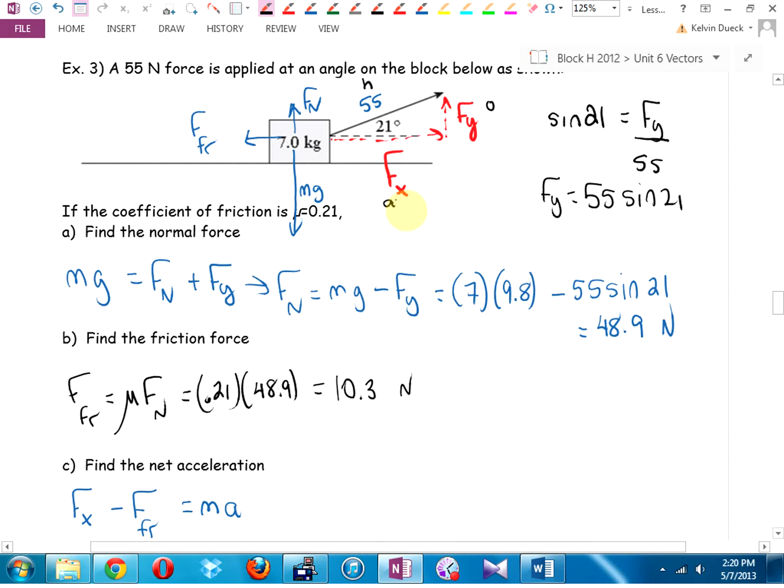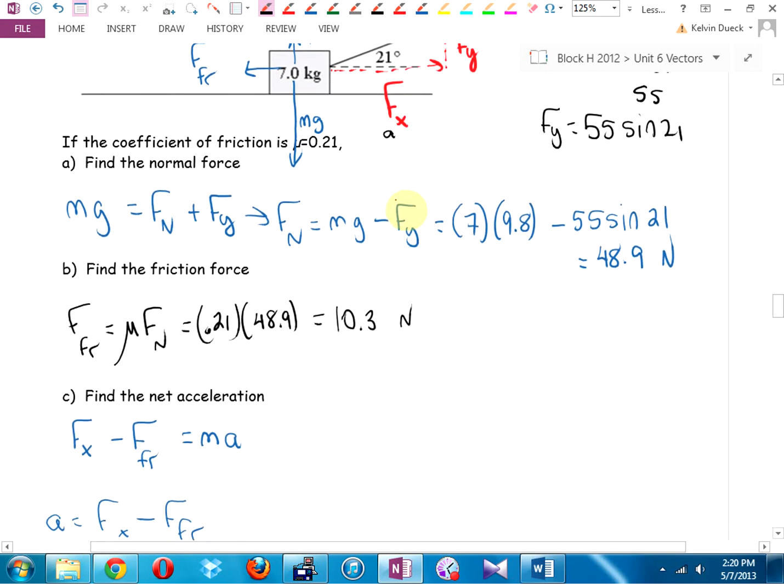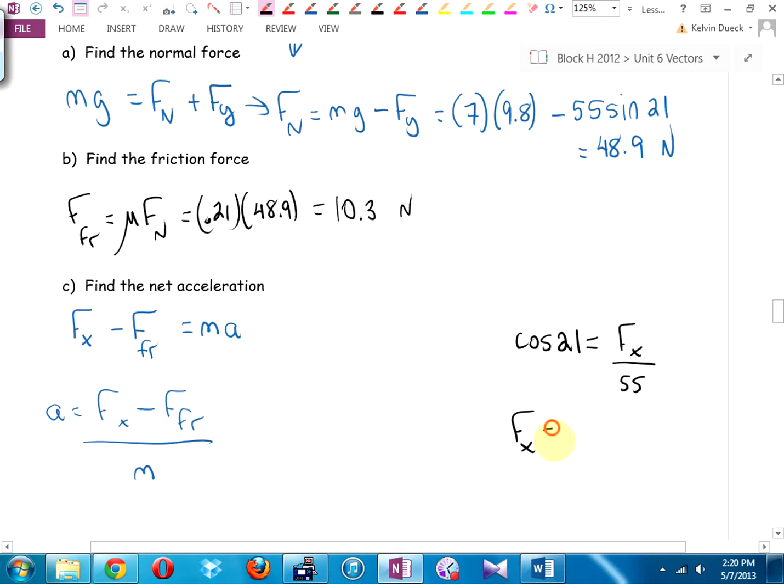It's going to be exactly the same as the work I did for Fy, except wherever you see a sine, what will there be instead? Cos. So cos 21 equals Fx over 55. Fx equals 55 cos 21.